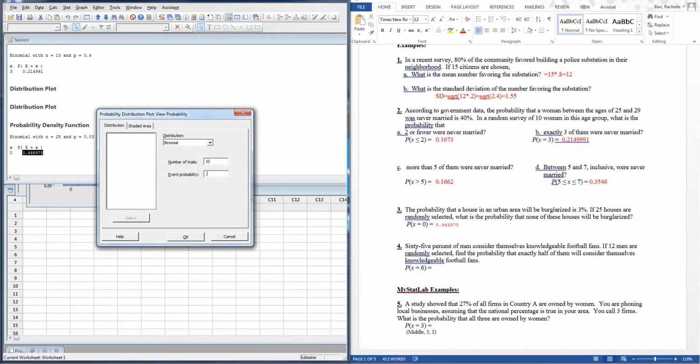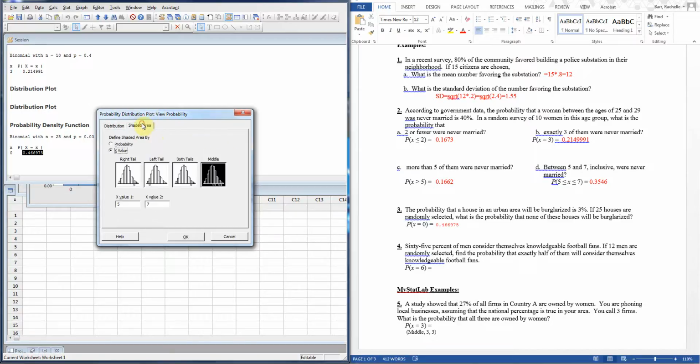My probability that I'm successful is that 65% that actually know some football, and there are 12 people in my sample, and now I'm going to do shaded area, and here's how you get exactly 6. This is very strange. So you might be thinking, oh, tails and things like that, but that'll shade area above and that'll shade area below. And I don't want to do above and below. I want to do a single value.